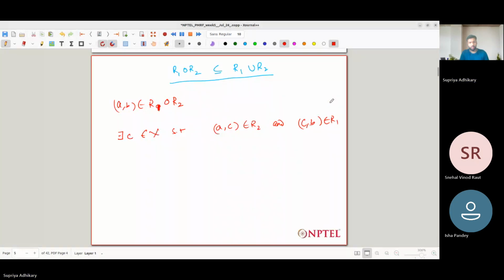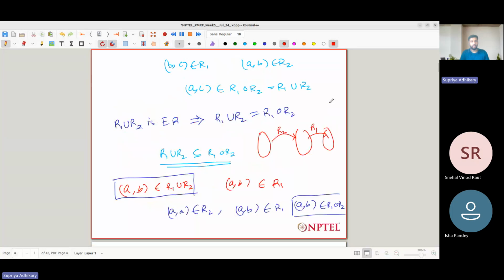Now AC belongs to R2, so that means that this also belongs to R1 union R2. And CB belongs to R1, that means it also belongs to R1 union R2. Now, since R1 union R2 is an equivalence relation, which was already given to us because of this hypothesis, we have to conclude this one.